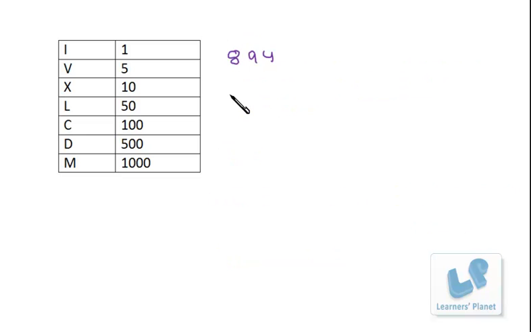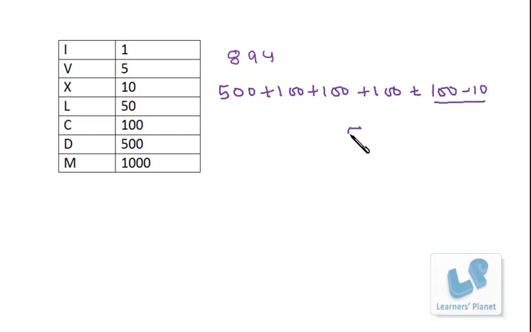Now let's write 894. Now how do we do that? It's 500, 600, 700, 800. Then how do we write 90? It is 100 minus 10. Just put an underline over here. Then 4 is 5 minus 1. Okay, don't forget to put this underline over there.